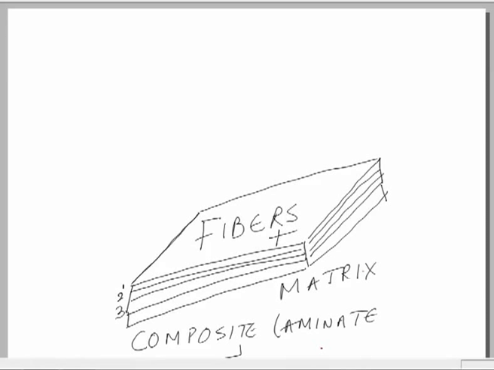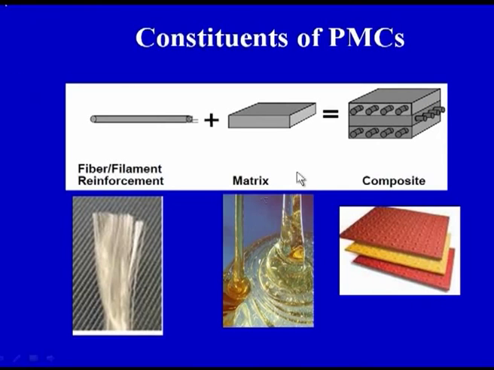On the slide you can see that there are fibers as well as there is a matrix. So the fibers and the matrix add up to make this particular composite.